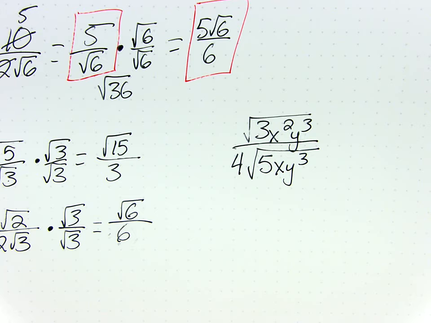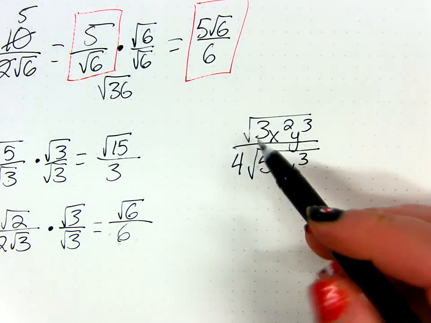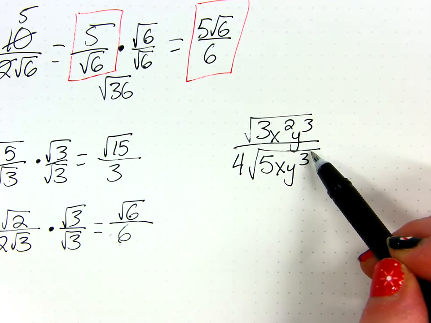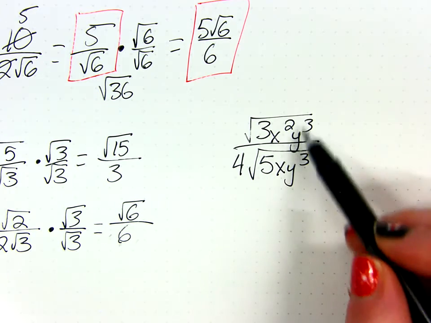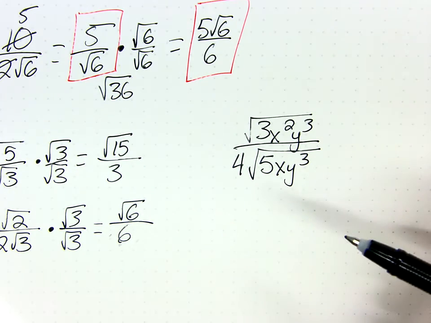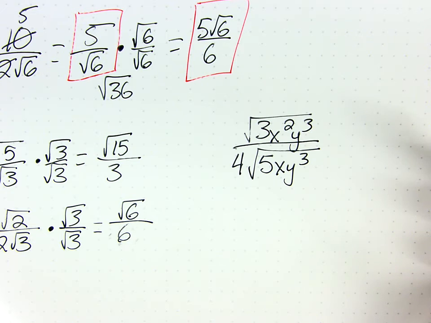Okay, you're going to work smarter, not harder. You can reduce a whole bunch of things first. See how that's in the root and that's in the root? So anything in here that can reduce with each other, I can do that right off the bat.